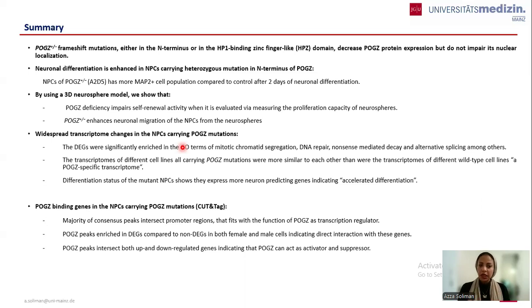And we saw the same using 3D neurosphere models, that the proliferation was affected in terms of the self-renewal activity of the neurospheres, measured by their diameters, and that the migration was enhanced in the mutant neurospheres compared to the wild type. From the RNA-seq data, we could see that the GO terms were affected in the mutant NPCs compared to the wild type, and were enriched for chromatid segregation and DNA repair.